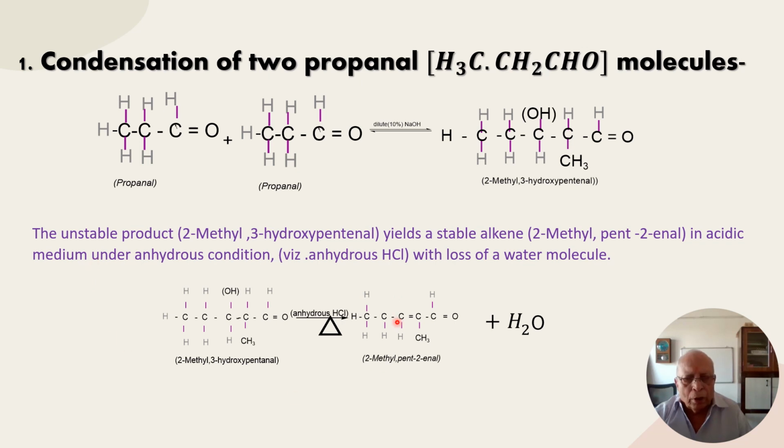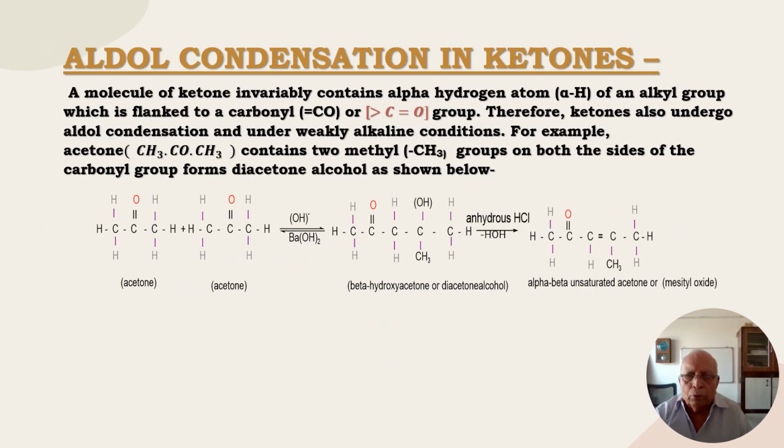The unstable product again in presence of hydrogen chloride gas, a little heat may be necessary, gets converted to 2-methylpent-2-enal.